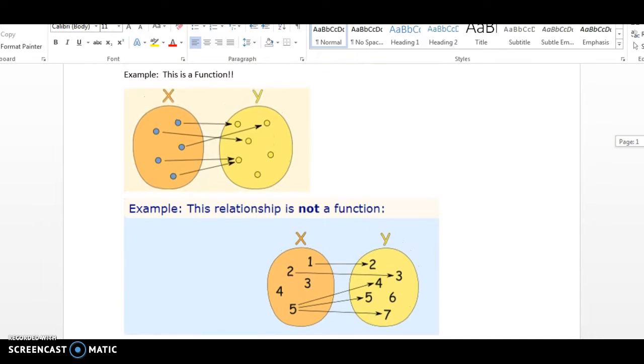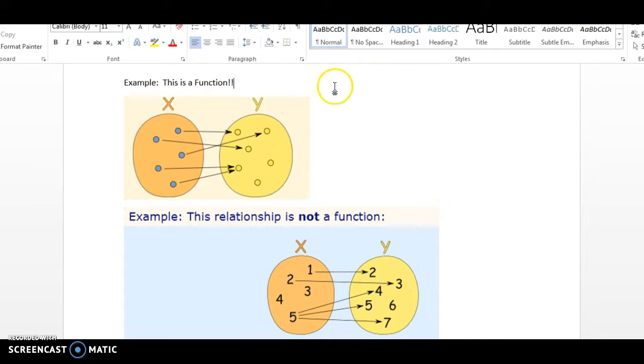Sometimes you'll see an example like this drawn for functions. This is an example of a function because each of these x values that aren't really labeled is matching one y value, or output value, over here. This one maps to this, and this one maps to this. Each one of these inputs has exactly one output. And it's okay that both of these inputs go to the same y value.